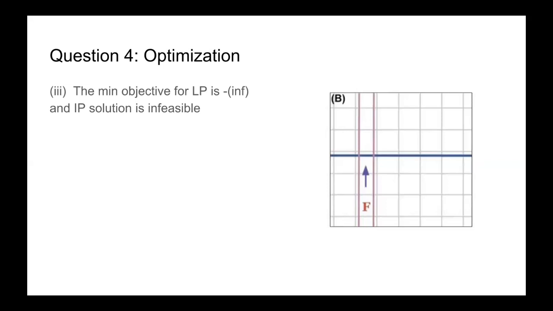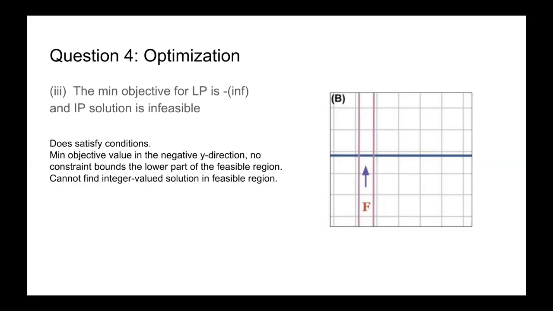Moving on to graph B, it's similar to graph A, except the feasible region is going to be that bottom region between the two pink lines. This graph does satisfy the condition, because if we're trying to calculate our objective value for the minimum point, in order to minimize this particular cost vector, we're going to keep going down and select the point at the very bottom of this graph, which is at negative infinity in terms of the y value.